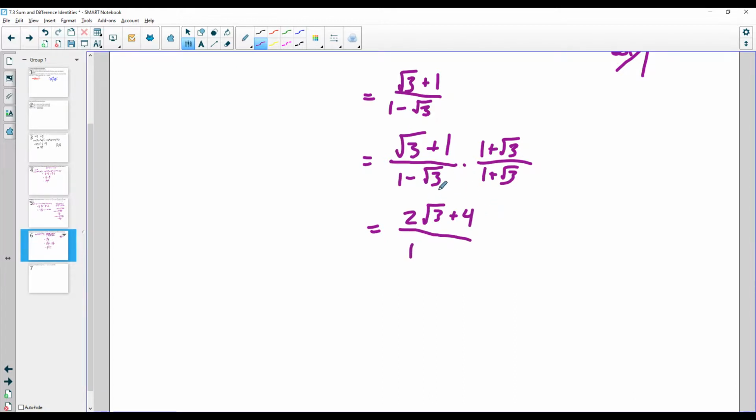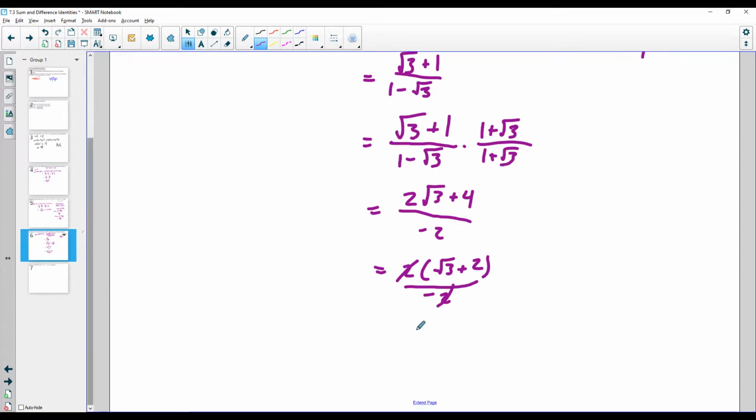The middle ones are going to cancel, minus 3, so really negative 2 in the bottom. And then if we pulled out a 2, right, the 2's would cancel, but we would still have that negative. So really we have negative square root of 3 minus 2.